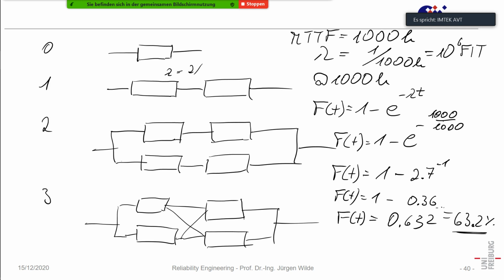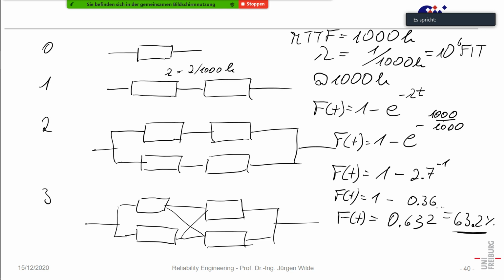It's 2 divided by 1,000 hours. And in that way, you compute the f of t in that case. What will it be? It will be significantly higher, but it cannot be twice as high, yeah? Because that would mean 120%.